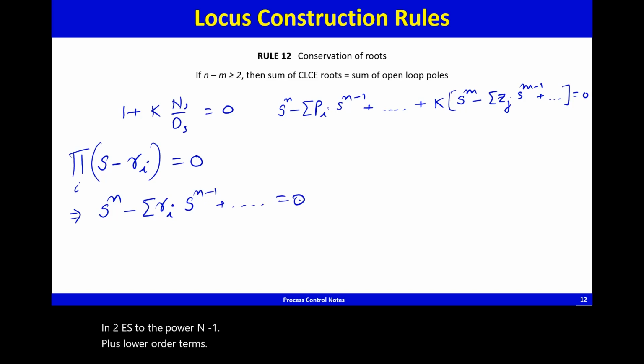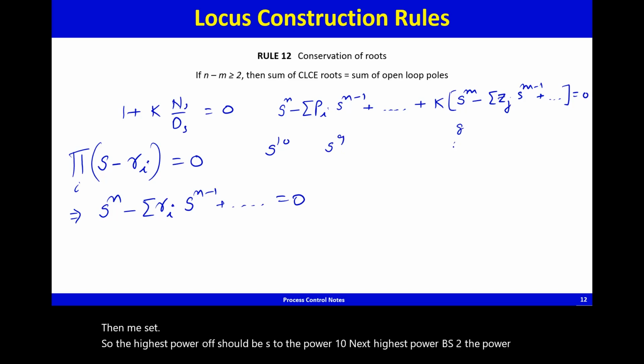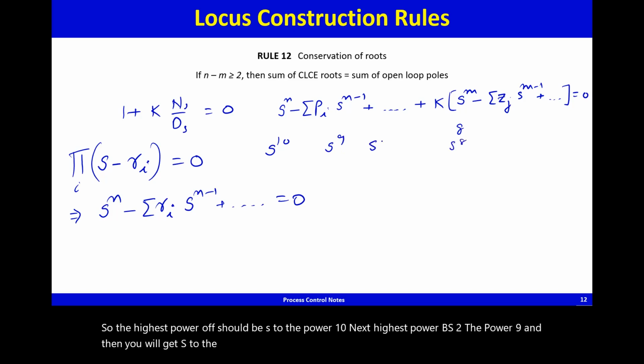And if m is less than n by 2 or more, that means if n is, let us say, 10, then m is 8. So the highest power of s would be s to the power 10, the next highest power will be s to the power 9, and then you'll get s to the power 8, and here also you'll get s to the power 8, and mixing will happen only in the s to the power 8 and lower coefficients.